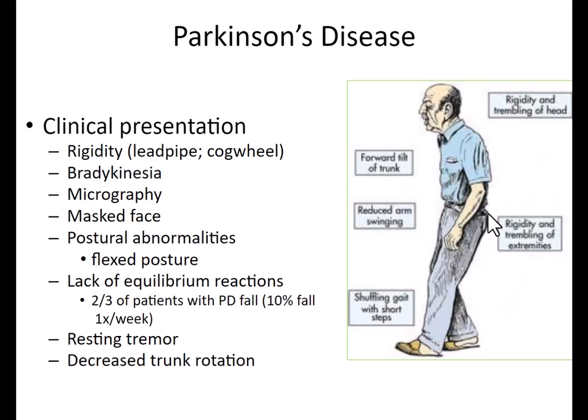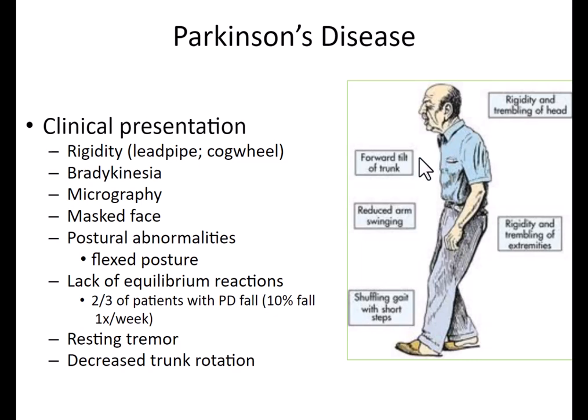Parkinson's disease has a very standard clinical presentation. If you look on the right-hand side of the slide, Parkinson's patients typically display rigidity and trembling of the head and other extremities. It's very common to have a tremor.